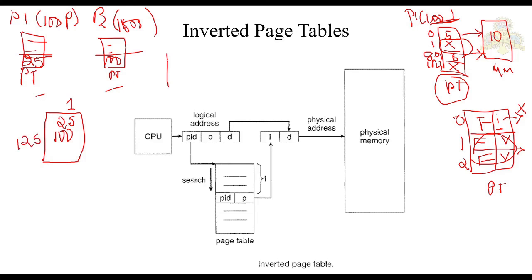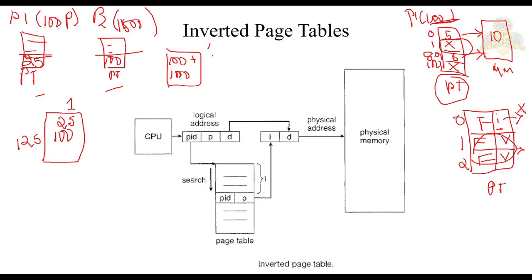But if there was a normal page table, then what would happen? Even though out of 100 only 25 pages were in the main memory, all the 100 would have been there in the page table. Along with that, out of 1000 you were having 100 pages in the main memory, but in a normal page table again 1000 entries would be there.